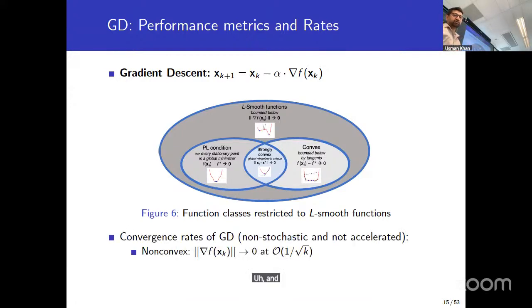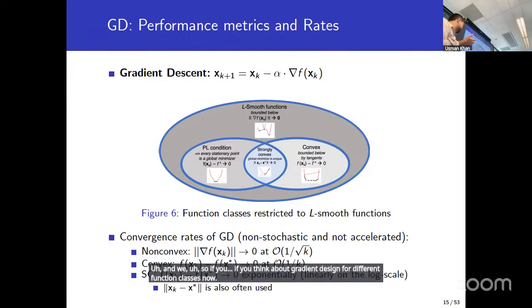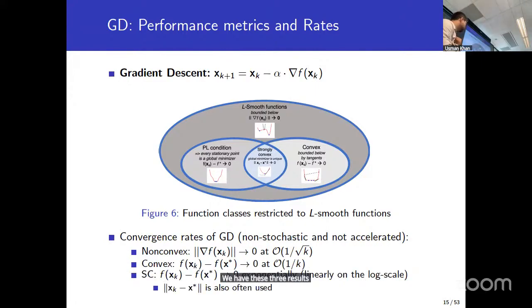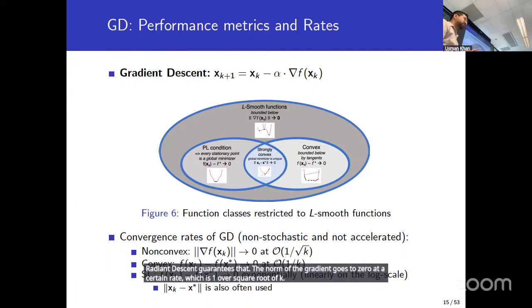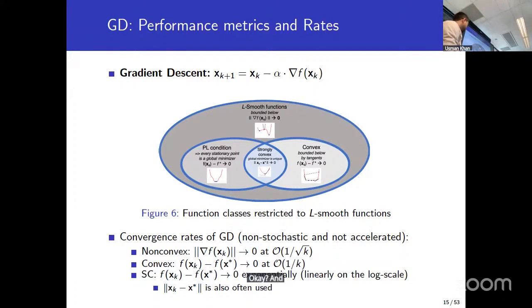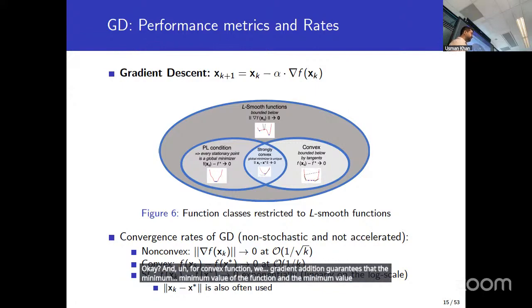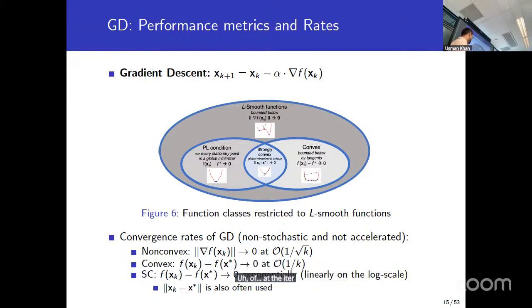So if you think about gradient descent for different function classes now, we have these three results. For non-convex functions, gradient descent guarantees that the norm of the gradient goes to 0 at a certain rate, which is 1 over square root of k. For convex functions, gradient descent guarantees that the minimum value of the function at the iterates of gradient descent xk goes to its optimum at 1 over k.